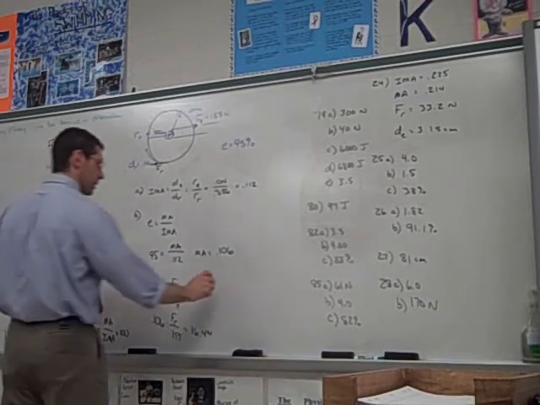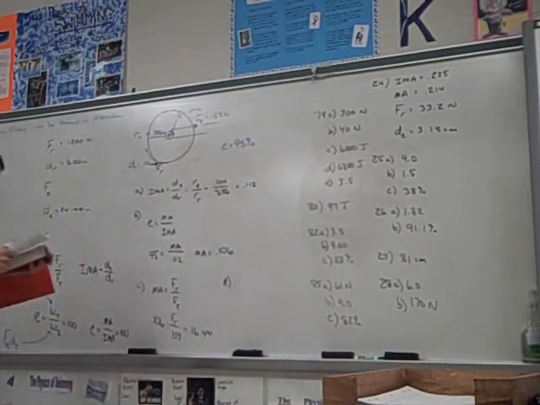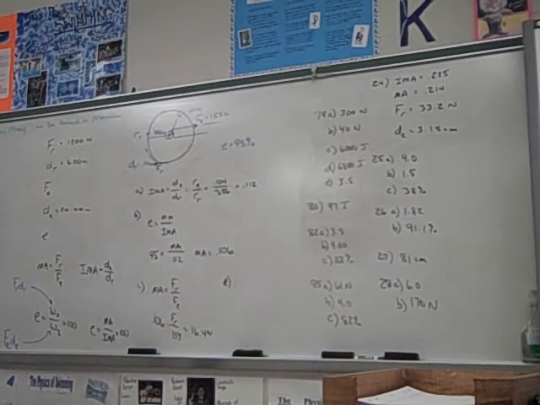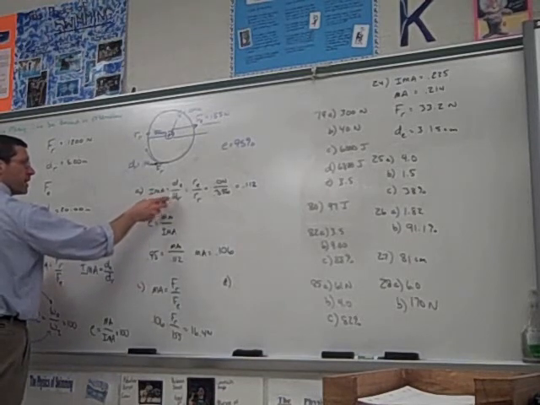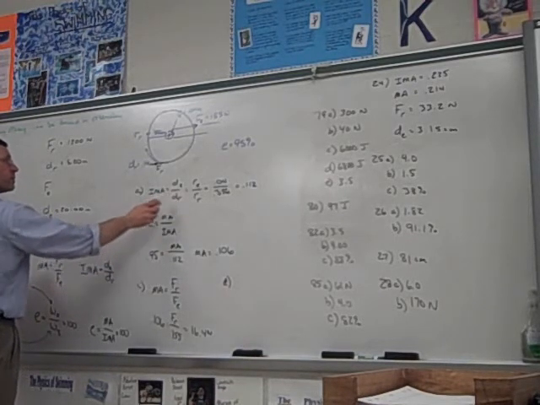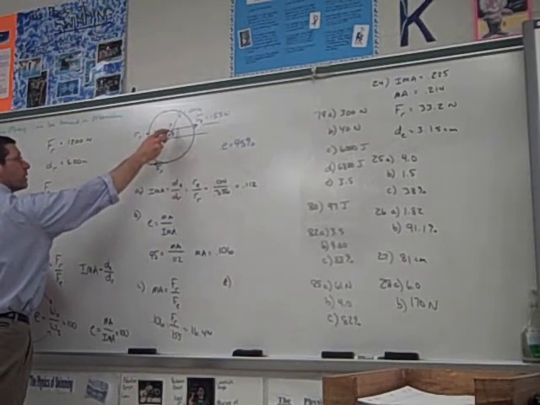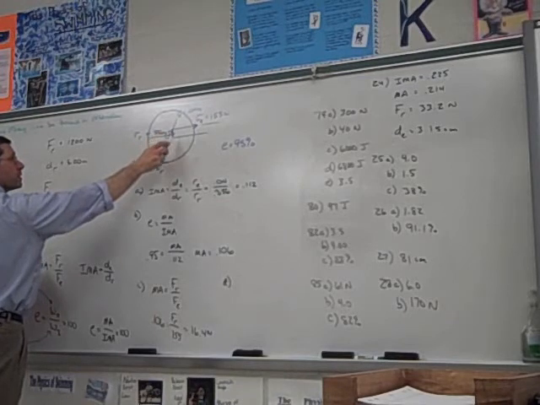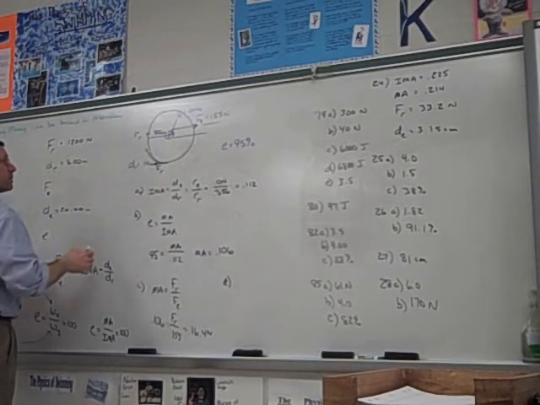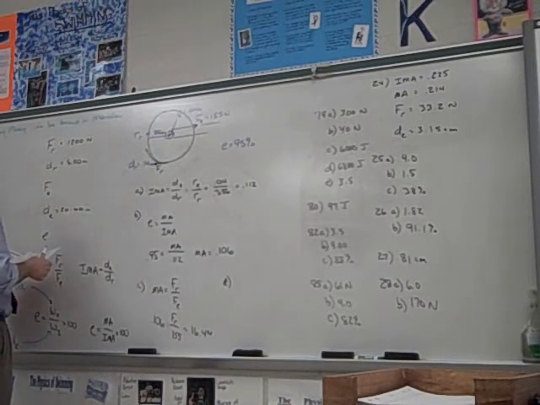And then D, how far was the chain pulled to move 14 centimeters? So now let's go back. We have the IMA, and we know RE. We need to know how far the chain goes.